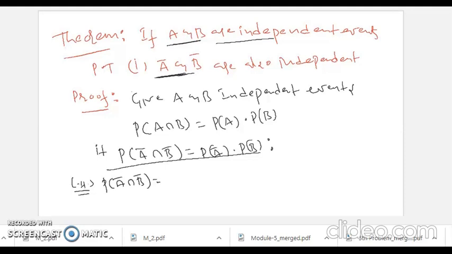So by De Morgan's theorem, P of A bar intersection B bar can be written as A union B whole bar.